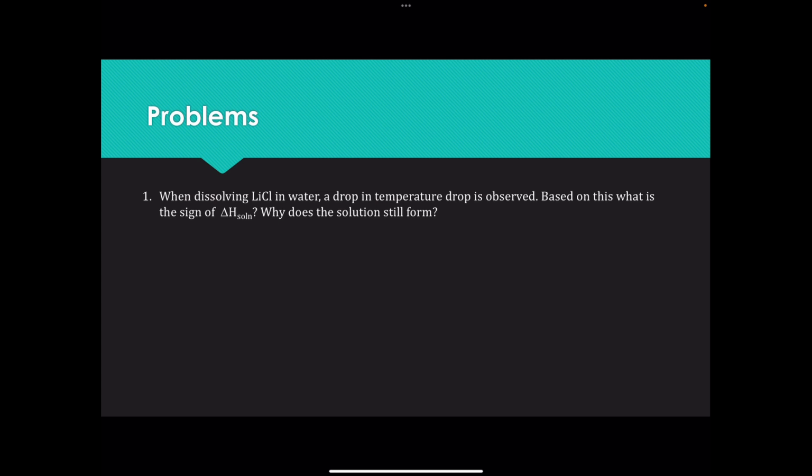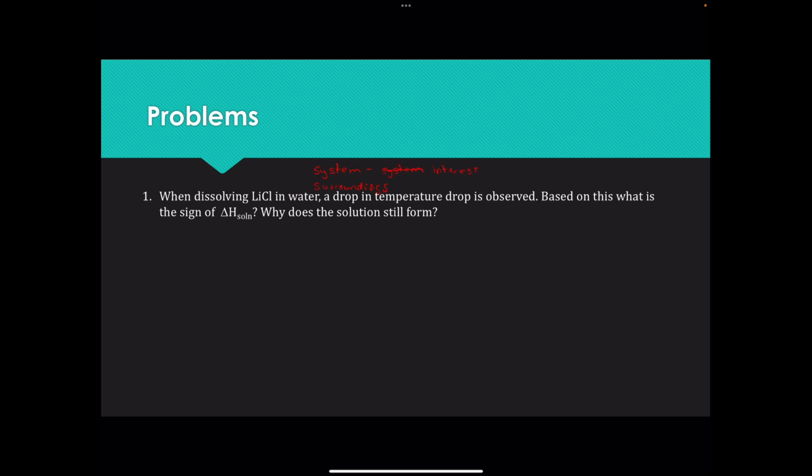Remember when we talk about thermodynamics, we have our system. The system is always what we're interested in. And then we have our surroundings. So in the case of dissolving lithium chloride, the system is going to be the actual breaking of those intermolecular forces.